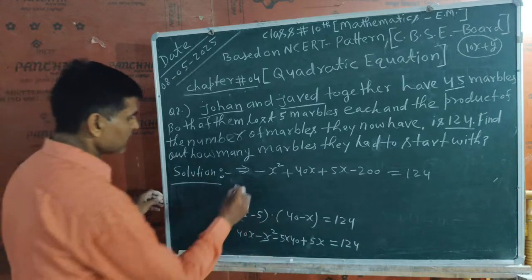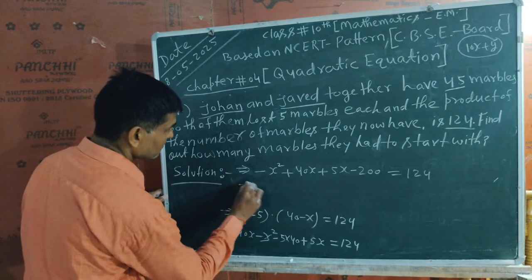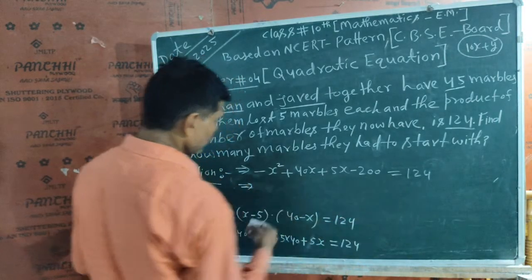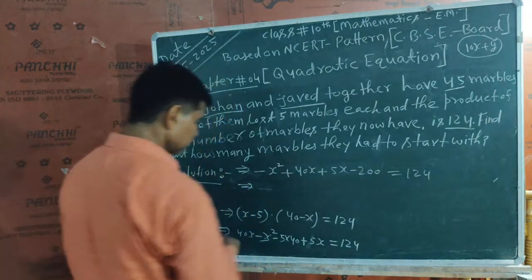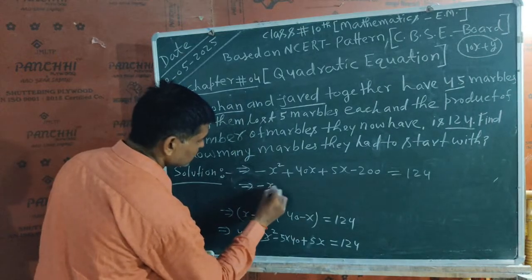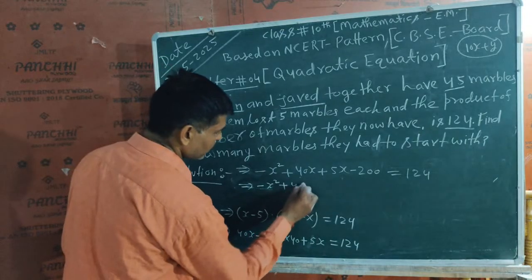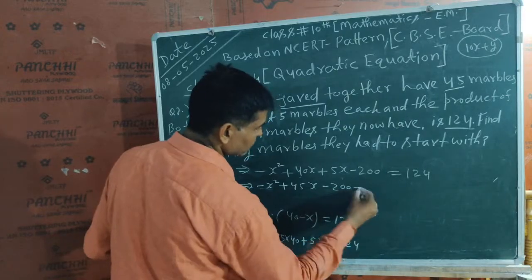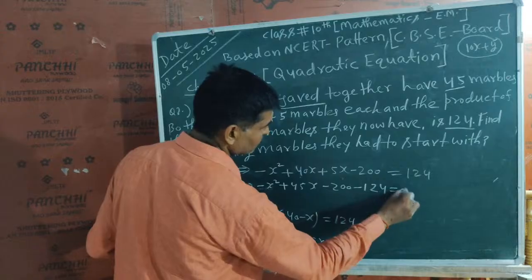Okay student, so minus x square plus 40x plus 5x. Again, 124 is available, I will put it in the left hand side, so I will write here minus x square, and this will be 40 plus 5, that will be 45x, minus 200, and here this will come to this side, so it will be minus 124 which is equal to 0.